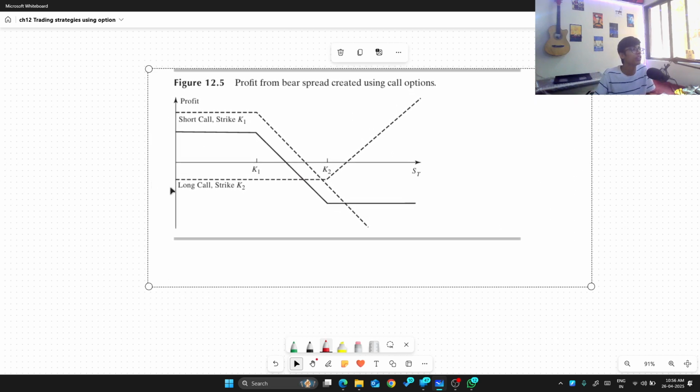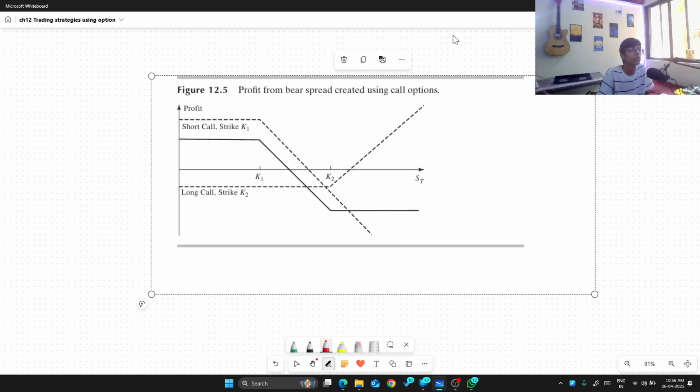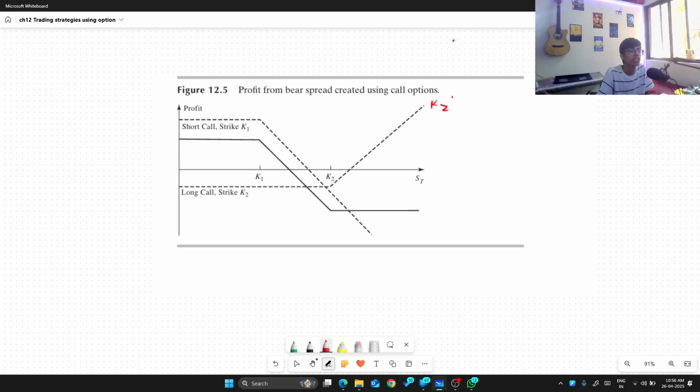In this case we will buy the long call at strike k2, which would be the expensive one, and the short call would be the cheap one, right? And that is a replication of the bear spread.